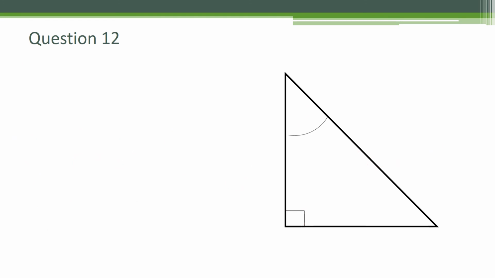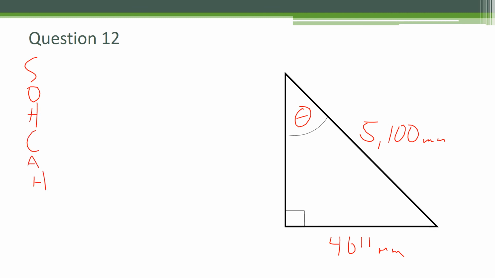Okay, question 12. Let's say we're trying to find the angle, and this is 4611. This is 5,100. Let's say millimeters. Okay, so again, calculator's in degrees. Sohcahtoa. Boom. Which sides am I working with? I'm working with the opposite. Here's my opposite.